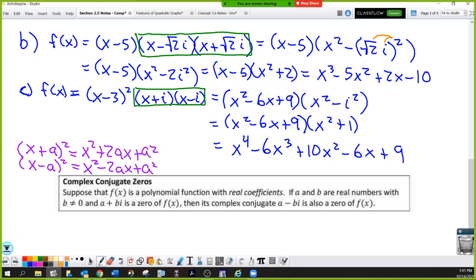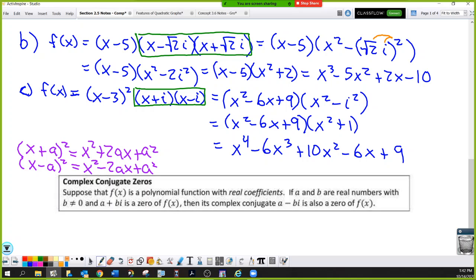What happened to all of those imaginary units that we had? Where'd they go? Well, something very special happened. Every time I introduced an imaginary 0, it was accompanied by its conjugate. Pretty neat, huh?